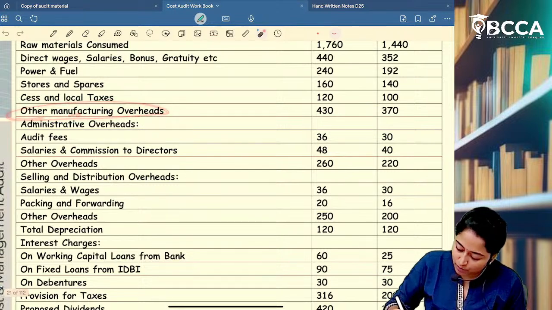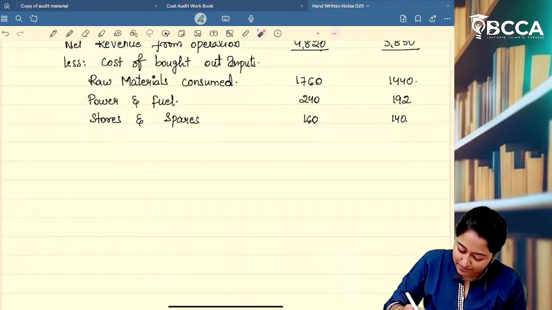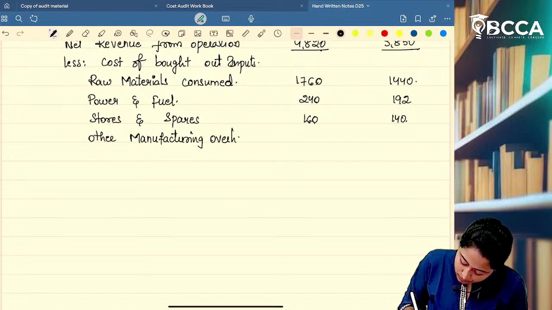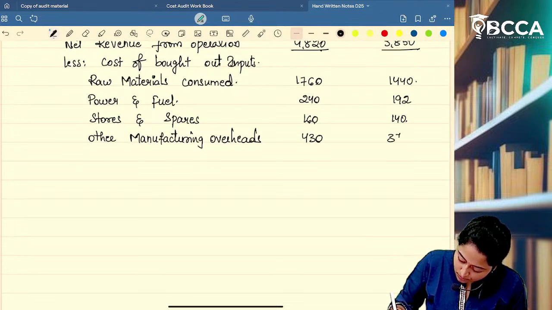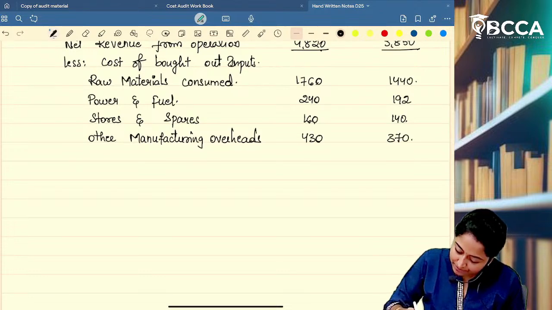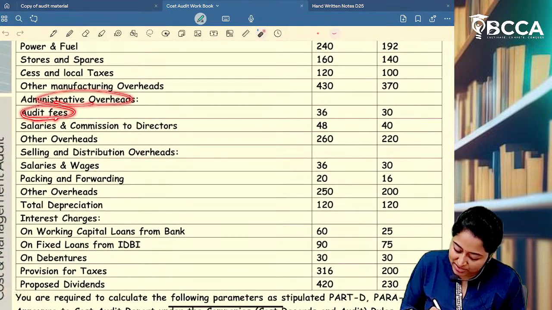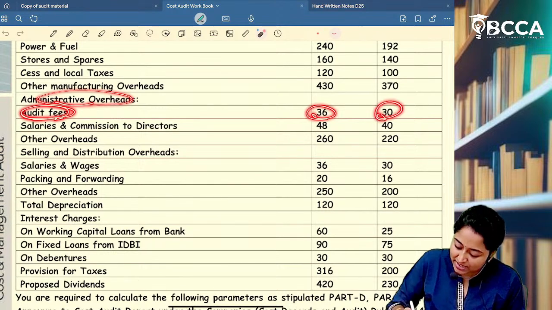Other manufacturing overheads, 430 and 370. And then audit fees in administrative overheads, we'll take it as audit fees, 36 and 30.